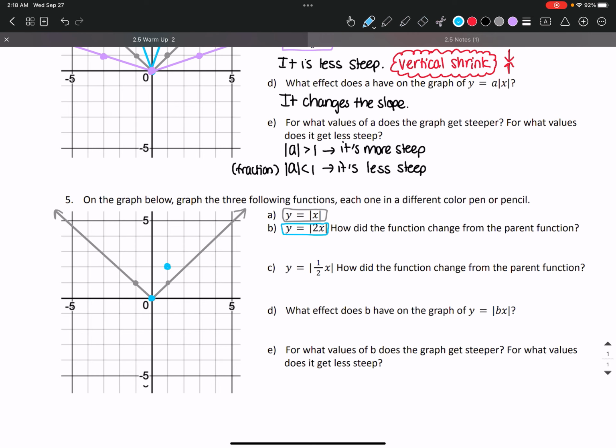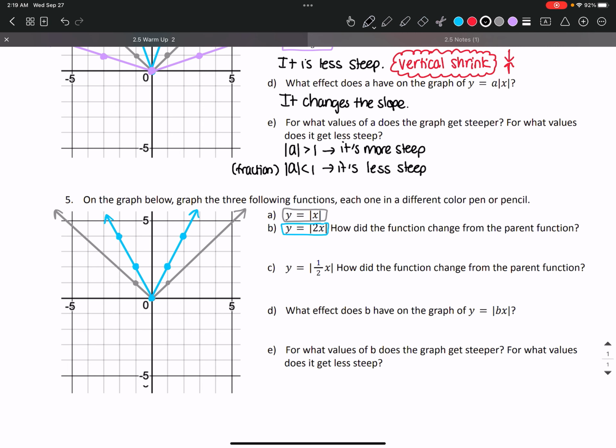If I plug in x is 2, I'm going to get 4, and 3 won't fit on the graph. Then I'm going to go to the other side. If I plug in -1, I'm going to get 2. If I plug in -2, I'm going to get 4. And I'm going to connect these, and then what I'm going to see is that the function got more steep again.